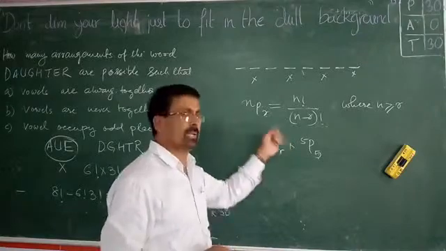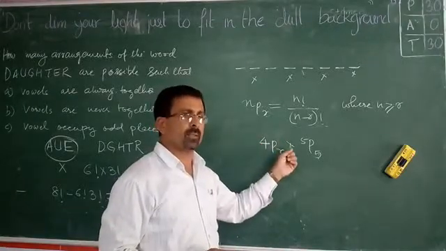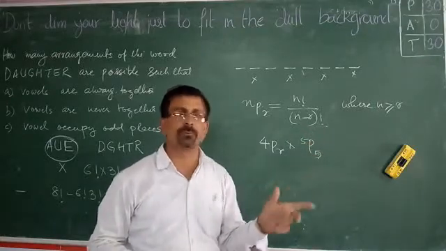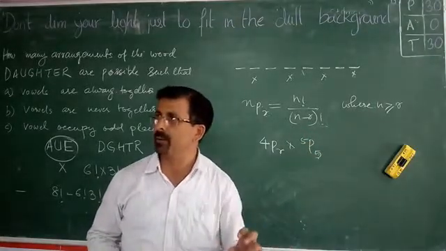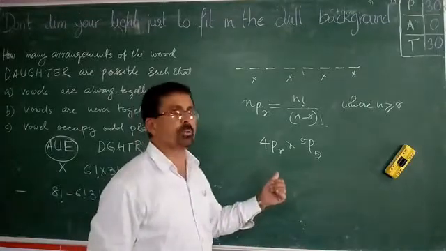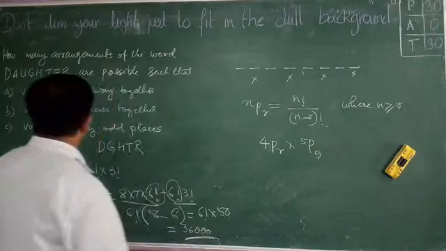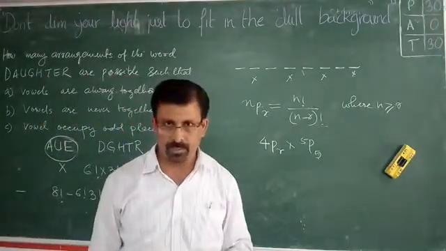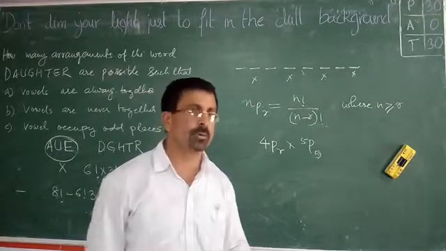Because if one is written in terms of nPr, and the other in terms of the principle of counting, it might create some confusion. So let us have it in the same manner. Yes, sir. Is this very clear? And this will give you the total number of ways in which we can have the vowels occupying the odd places. Is it very clear? Yes, sir. Thank you.